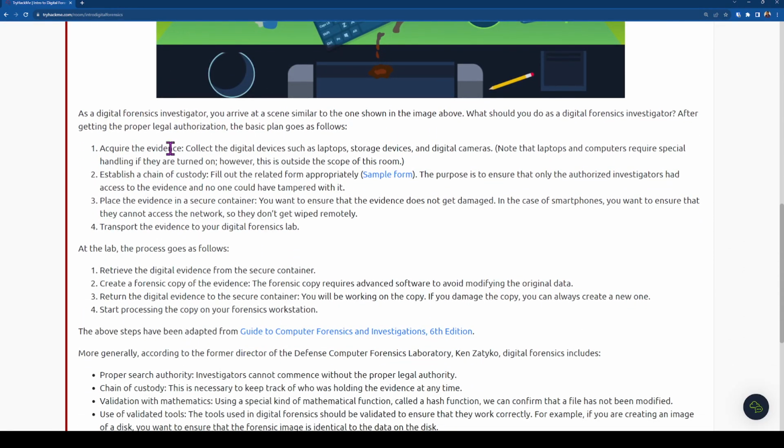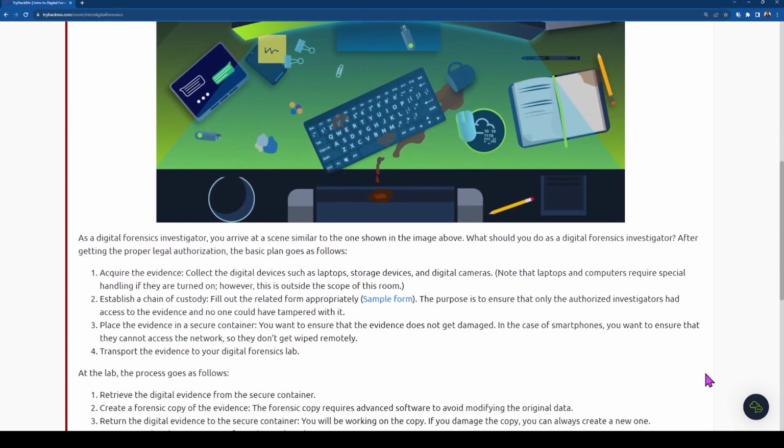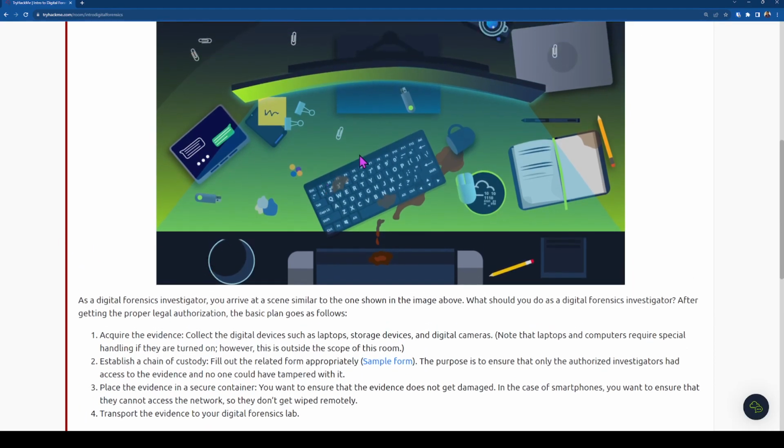All right. So as a digital forensics investigator, you arrive at a crime scene similar to the one shown in the above image. What should you do? Well, I would think the first thing we need, before we even touch anything, at least in the United States, is to ensure you have proper legal authorization to deal with any of this.